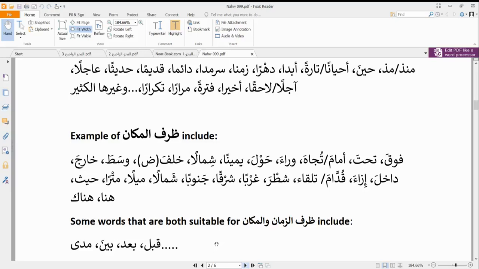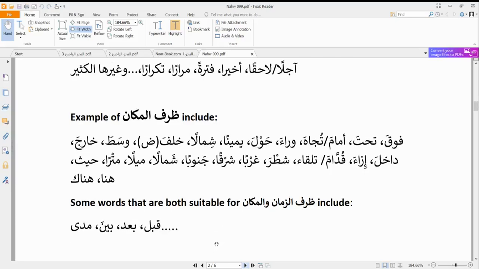So you can say before the place or after the place, or before that time or after that time. At the same time, we also have ba'da, which means after. Baina, which means in between. Mada means throughout, so we can say throughout a particular time. So that is our zurf zaman and our zuruf makan.